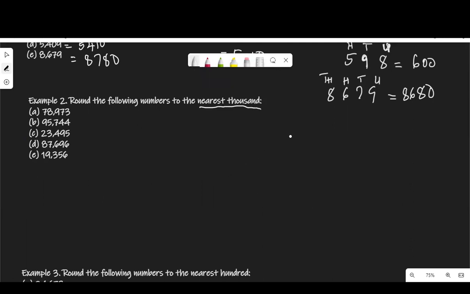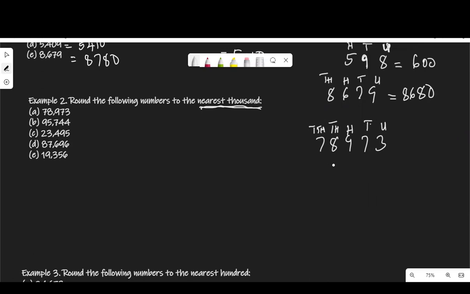As usual, I'm going to write each of the digits in terms of their place value. I have 7, 8, 9, 7, 3. This is unit. This is tens. This is 100. This is 1000. And this is 10,000.